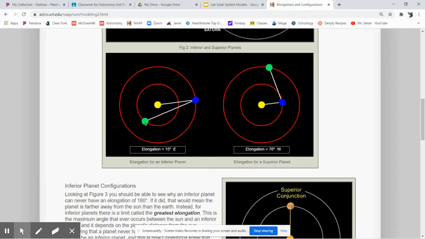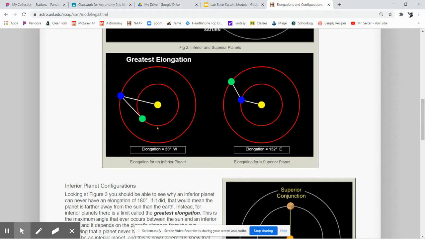This is an inferior planet, so watch again as it's coming around. Here comes greatest elongation. Right there. It's as far away as it ever gets. Now it's going to come back up to inferior conjunction. Superior conjunction is when it's on the opposite side at 0 degrees.